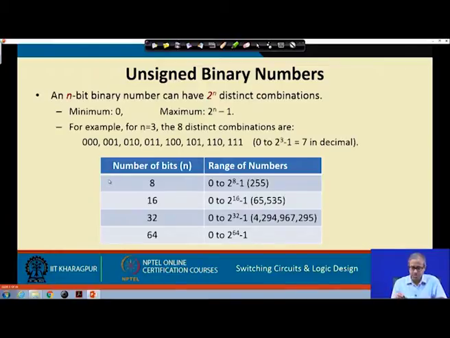This table shows how the range of the numbers changes as the value of n increases. For 8 bits, it will go up to 2 to the power 8 minus 1, 256 minus 1, which means 255. For 16 bits, this is 65535. For 32 bits, it will be about 4 billion.